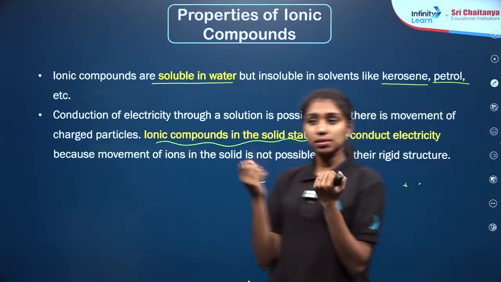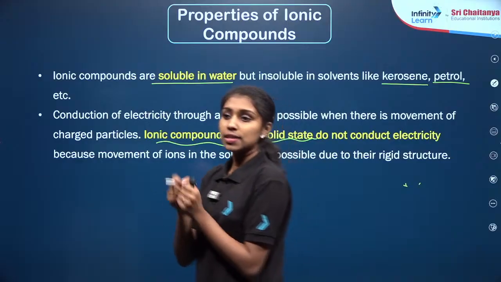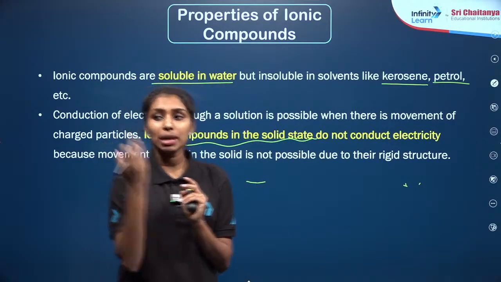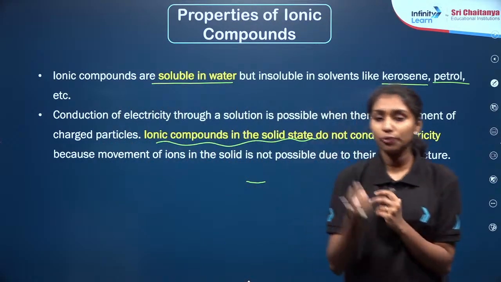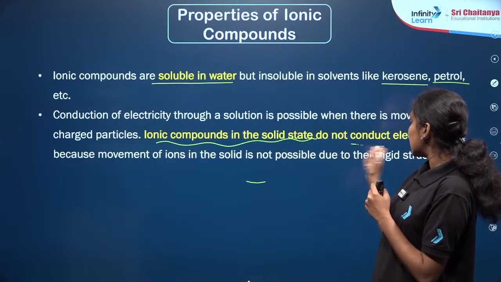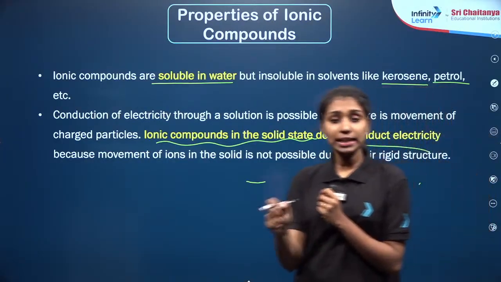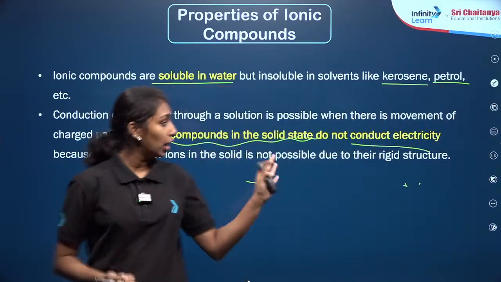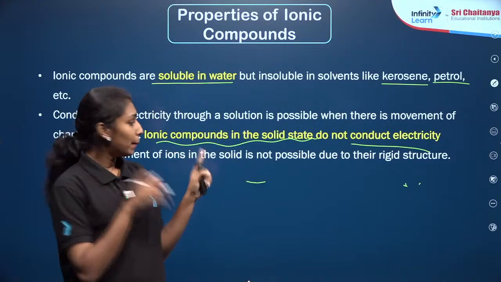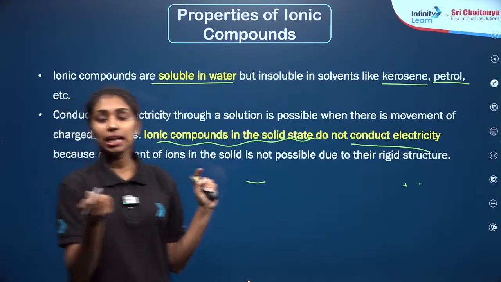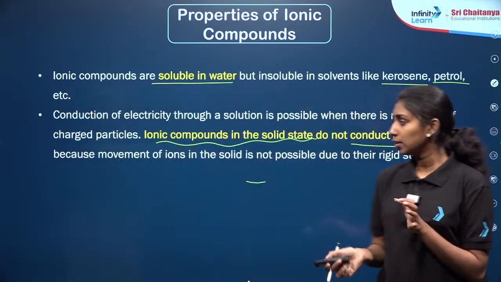Sodium and chlorine are closely packed in sodium chloride. So, in the solid state, there will not be any free movement of ions. There will not be any free ions, so it will not conduct electricity. Note the point: ionic compounds in the solid state do not conduct electricity. But they will conduct electricity when in the molten state. Clear?